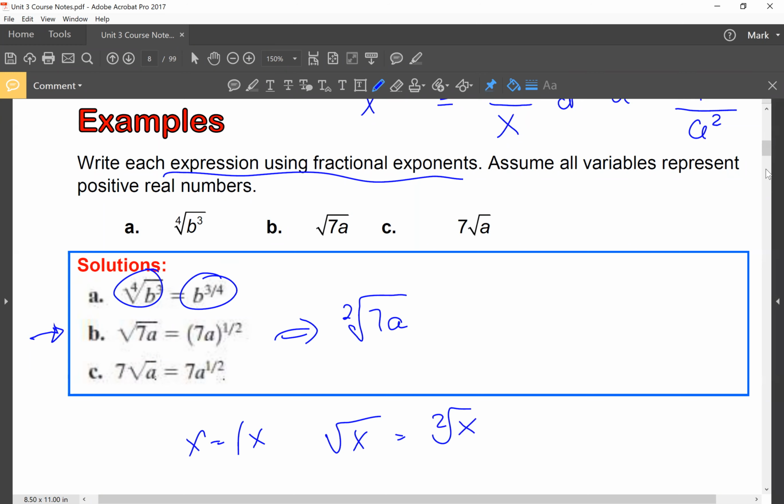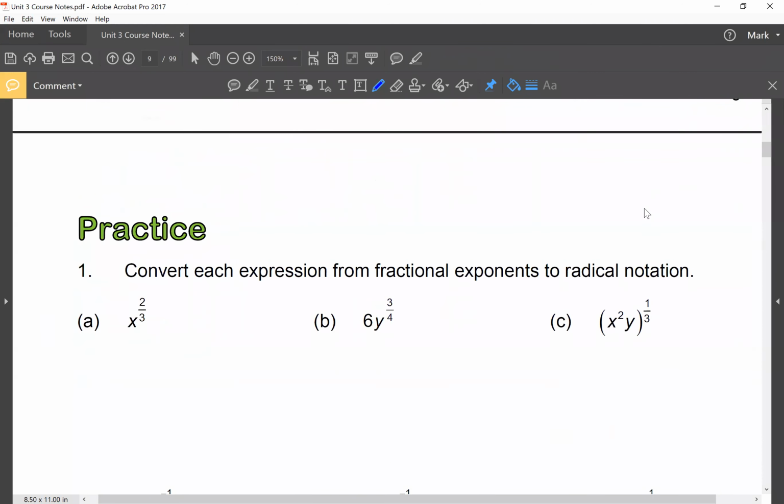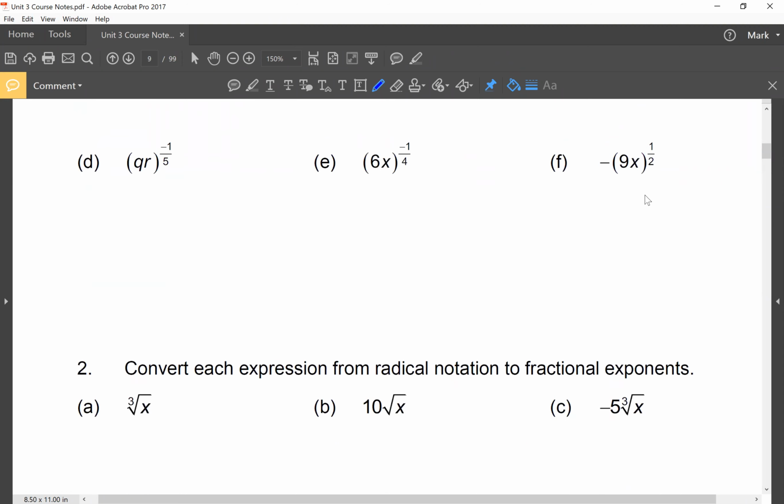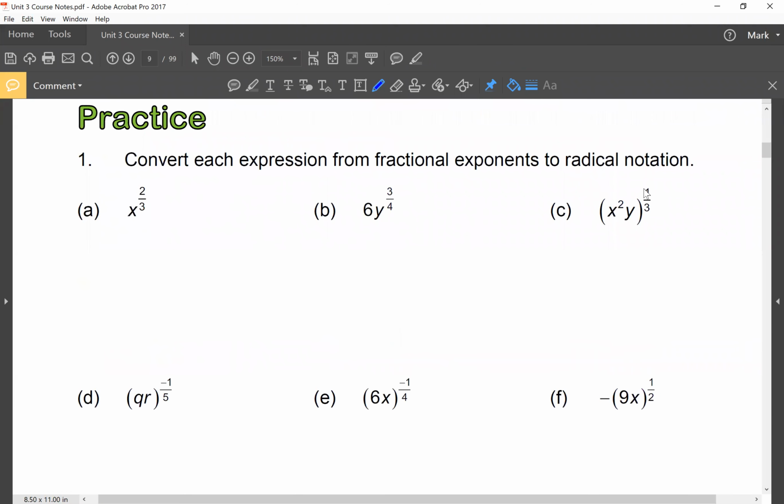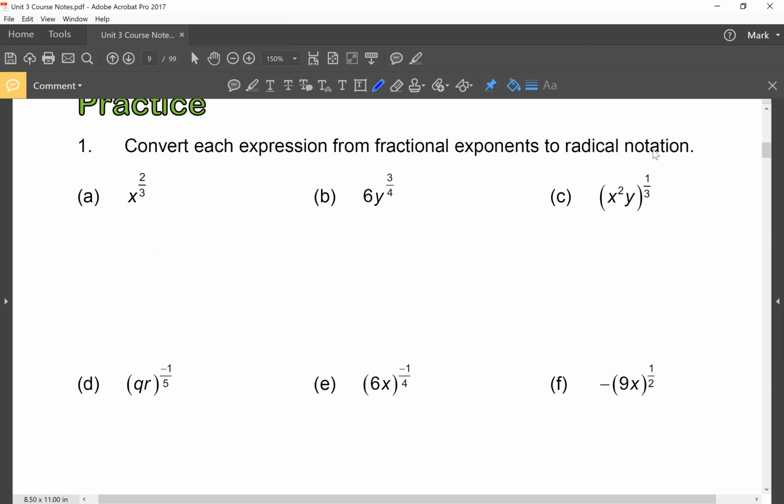Let's practice. It's hard to do these questions until I practice them with you, so how about I do A, B, and D, and then you guys try the next few. Question A says convert each expression from a fractional exponent to radical notation.